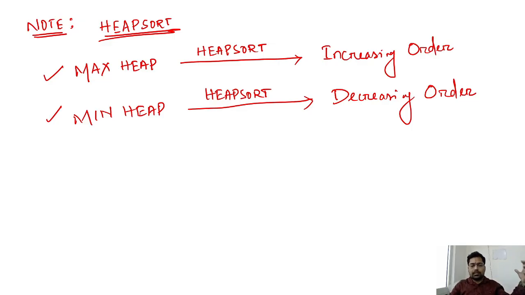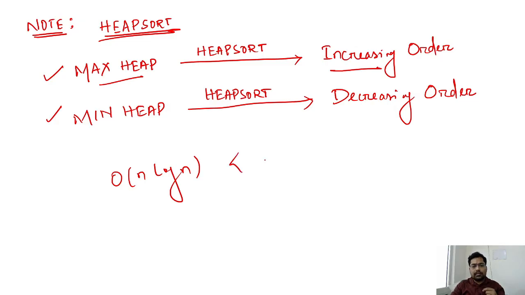Because we thought for the time being that sorting means increasing order, but this is not always correct. As in the book, they started with max heap to get the increasing or ascending order. This is how we completed heap sort, and heap sort takes big O of n log n, which is less than n square, which you read from insertion sort, bubble sort, and selection sort.